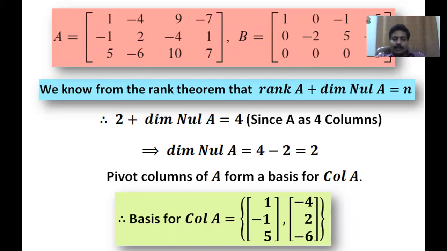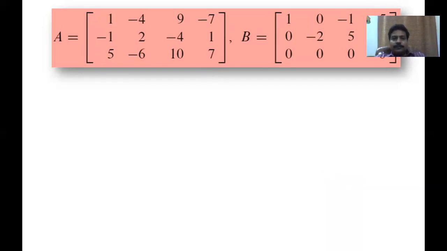So for column space A, we need not calculate anything. We just need an echelon form of the given matrix.